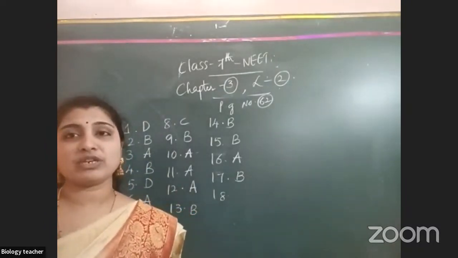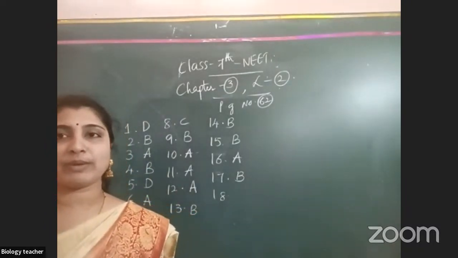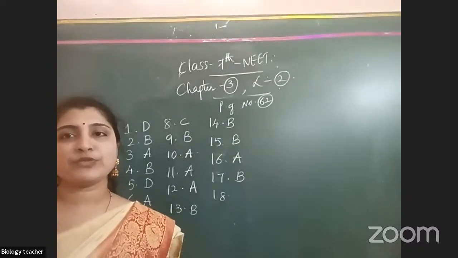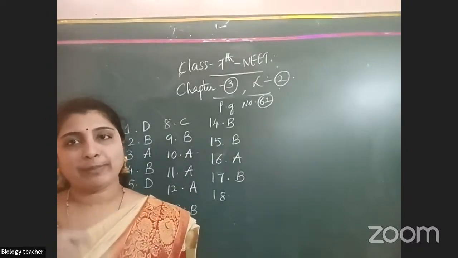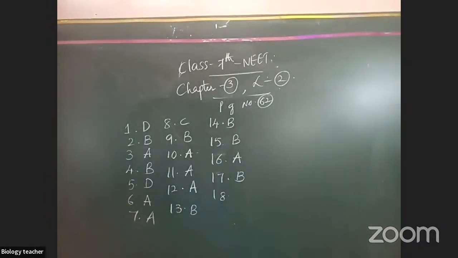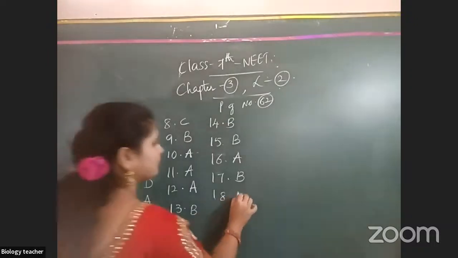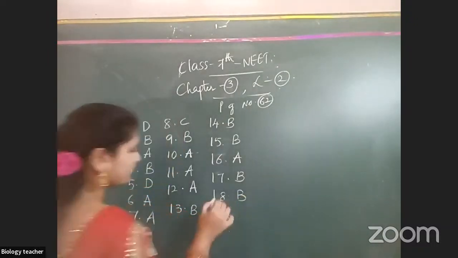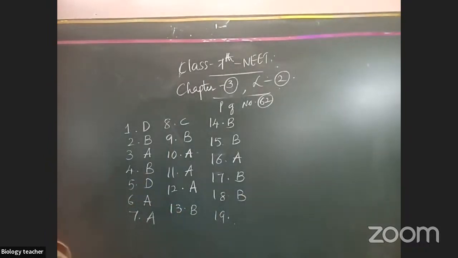Esophagus is otherwise known as food pipe, which you get in digestion in human beings. Taking in air rich in oxygen into the body is called inhalation. Next. Giving out of air rich in carbon dioxide is called exhalation.